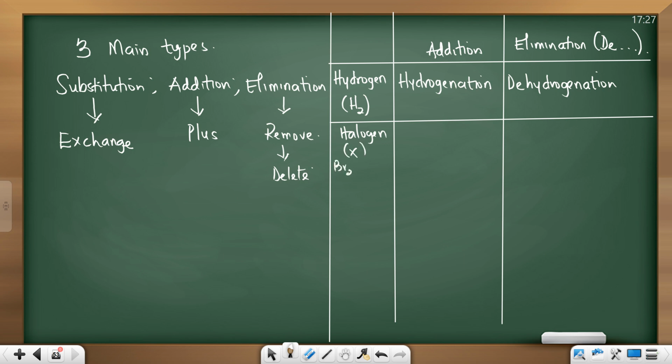Bromine, chlorine, iodine, fluorine. Halogenation. That's where it gets its name from. And if I'm removing, dehalogenation.